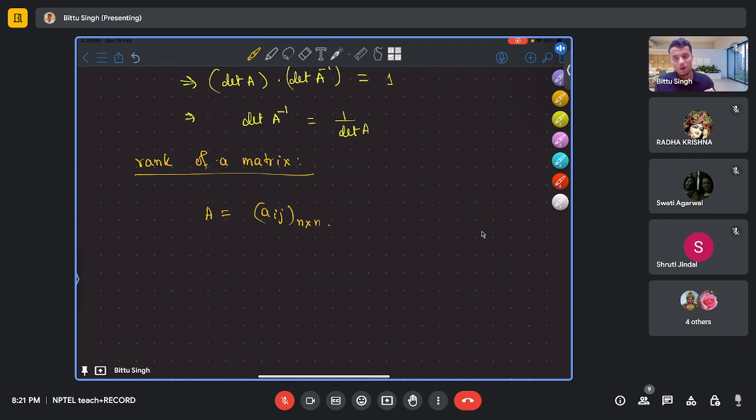Now rank of A is the largest R by R submatrix which is non-singular.